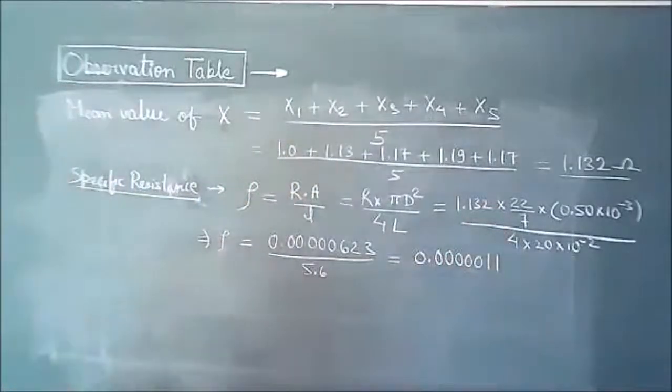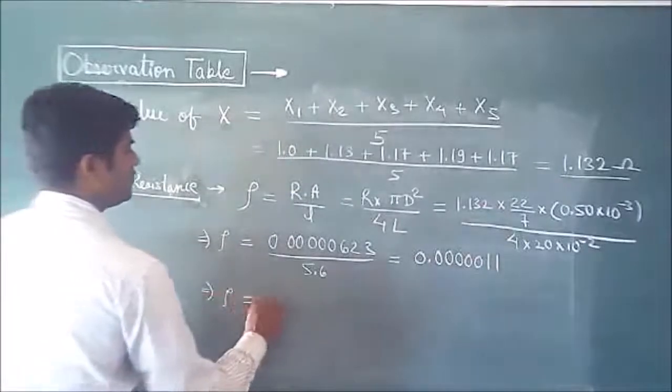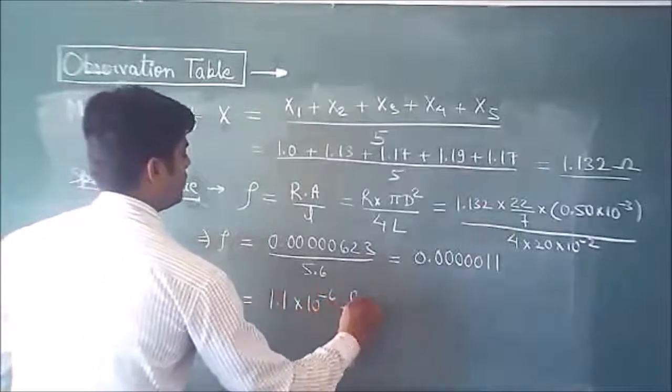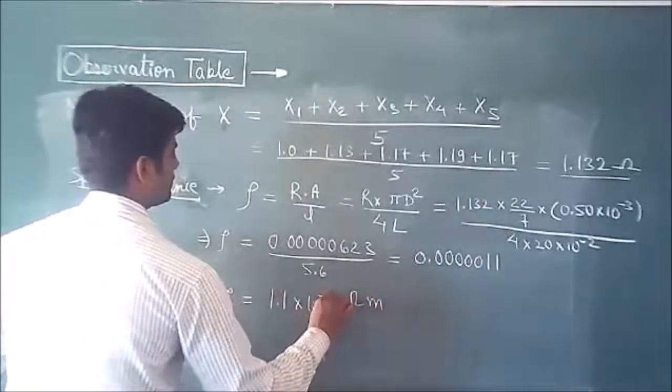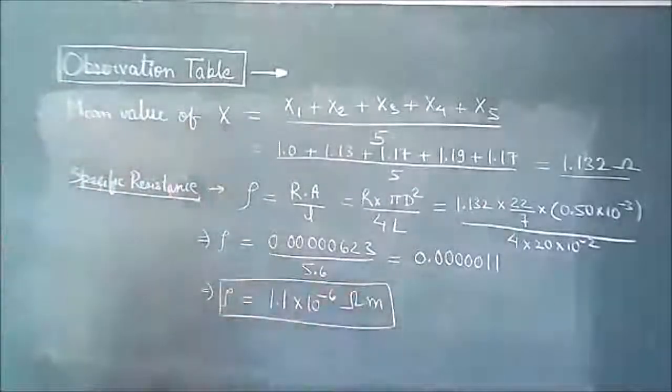This is the resistivity. In standard form, rho is equal to 1.1 into 10 to the power minus 6 ohm meter. So this is our resistivity or specific resistance.